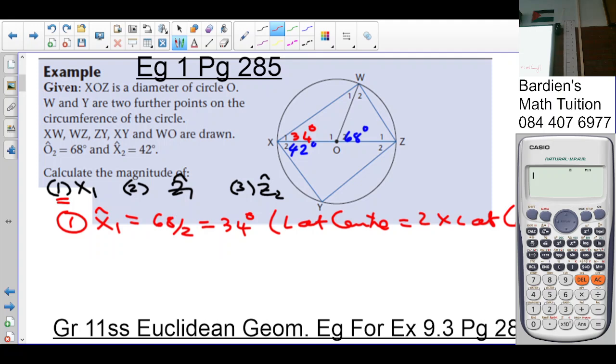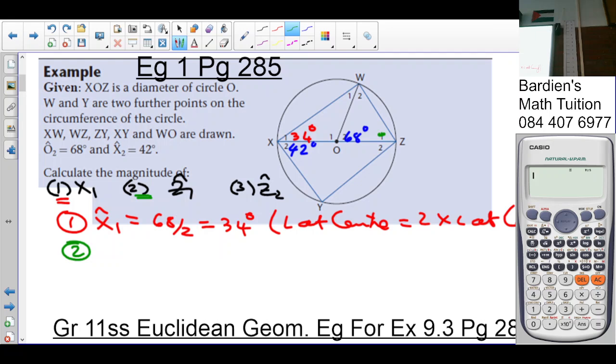Okay, let's go to the second question. The second question says Z1. So Z1 is where? Z1 is there. How can you calculate Z1? Anybody? Sum of triangles.